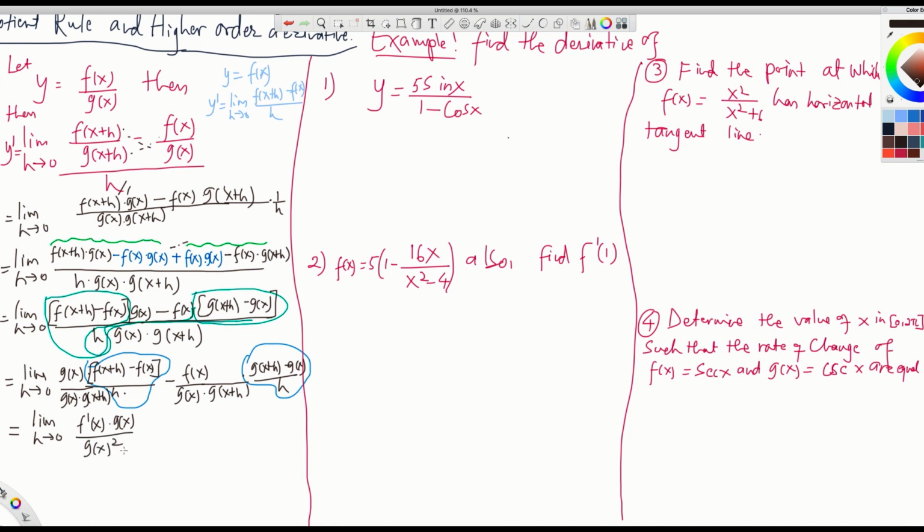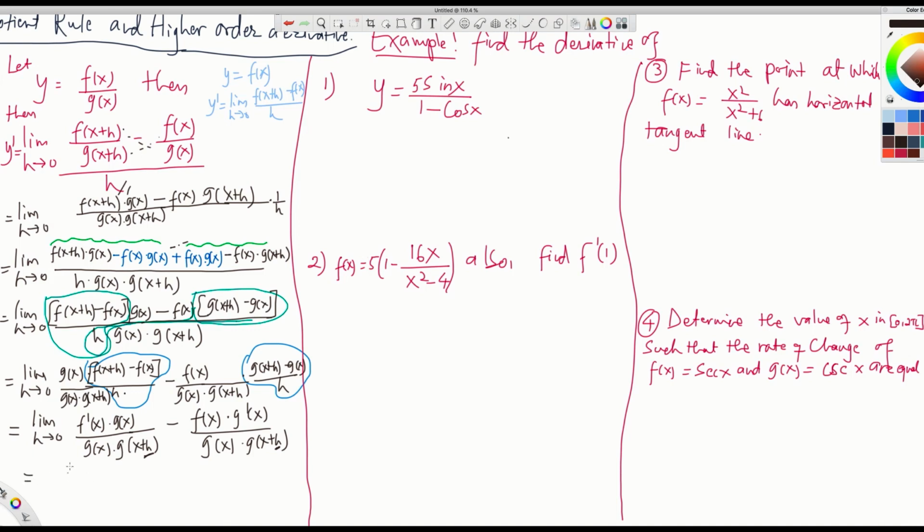Because let me write g of x times g of x plus h for now, minus f of x times g prime of x, because that thing is g prime of x, divided by g of x times g of x plus h. So when h tends to 0, that thing will go to 0, and similarly that thing will go to 0. So you will get g of x square in the denominator, g of x times g of x, that will be g of x squared.